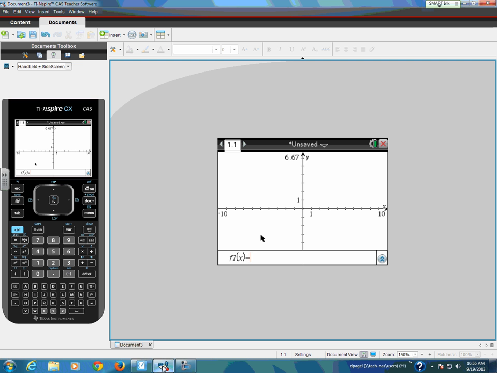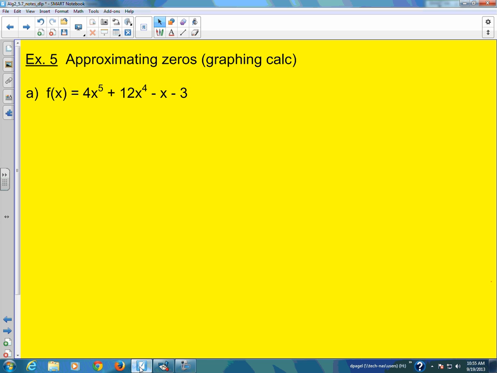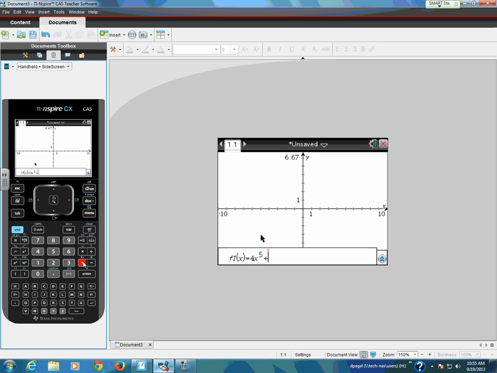So 4x to the 5th, and then plus 12x to the 4th minus x minus 3.